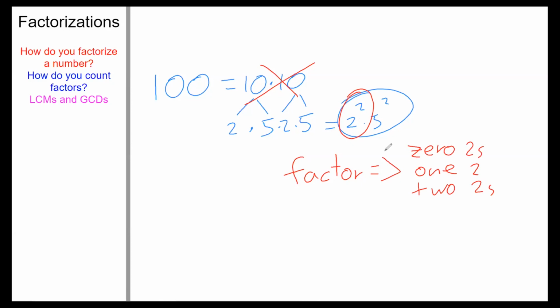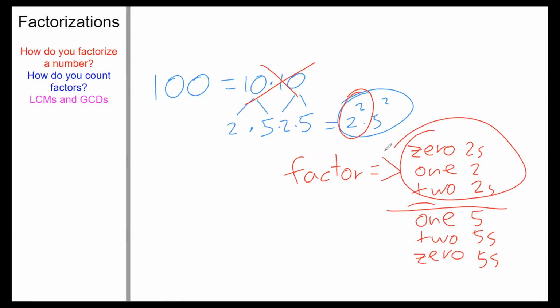So similarly for 5's, we can have either 1 5, 2 5's, and then of course 0 5's. So there's only 3 options you can have here and 3 options you can have there.